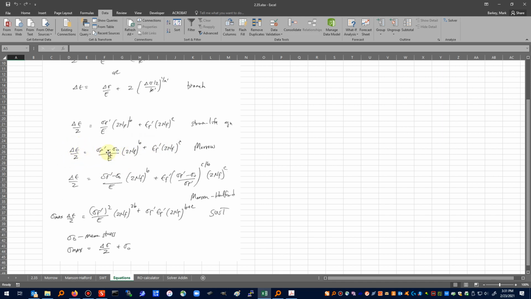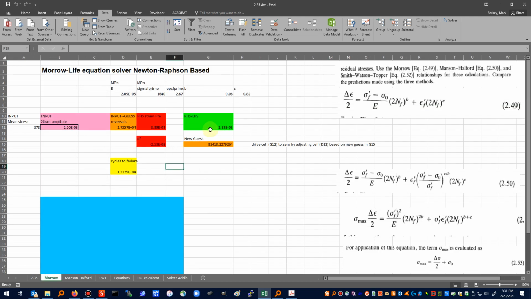So the right-hand side is sigma f prime minus sigma naught over E, and then all this stuff over here. Okay, here are the equations: sigma f prime minus sigma naught, which is 0 in our case, with an amplitude of 0.005.